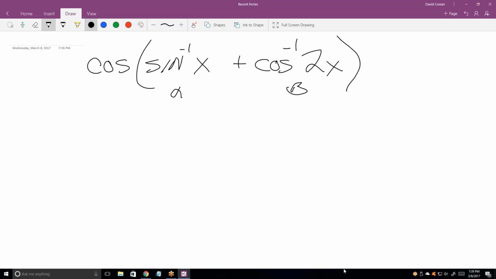Let's first of all use the sum and difference formula to rewrite this. In other words, what we're looking at is the cosine of alpha plus beta, right? In other words, let's start here. What's that equal to?